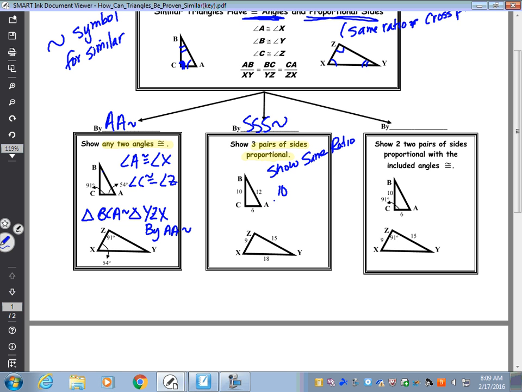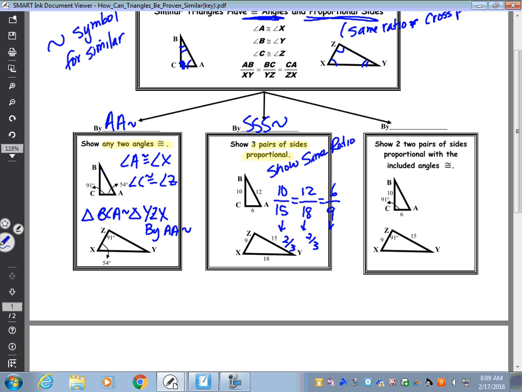So I'm just going to write them up. 10 to 15 would correspond. If I go to my hypotenuse, that would be 12 and 18. And then my base would be 6 and 9. If I reduce each one of these, 10 over 15 reduces to 2/3. 12 over 18 also reduces to 2/3.